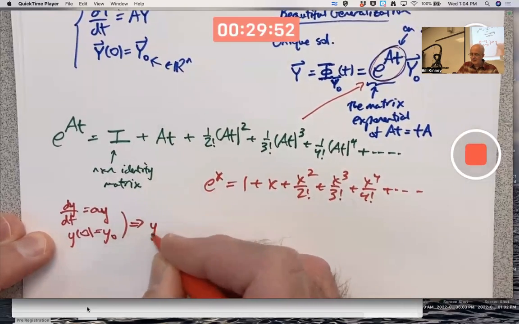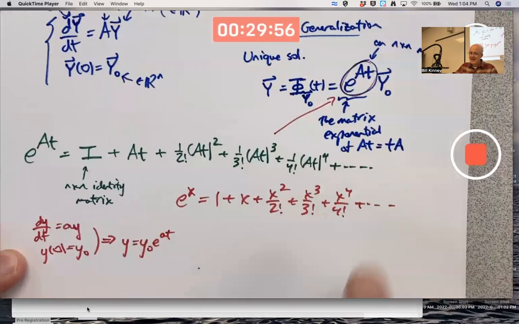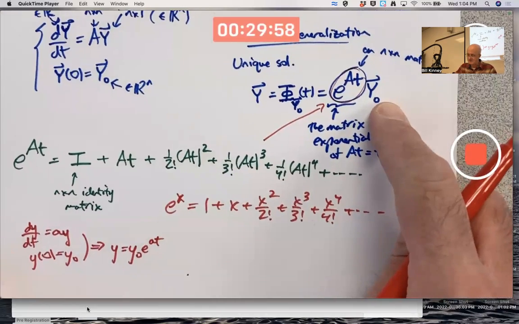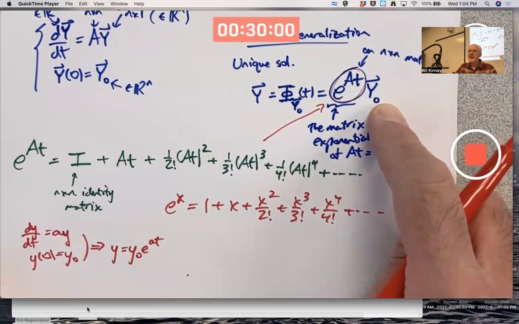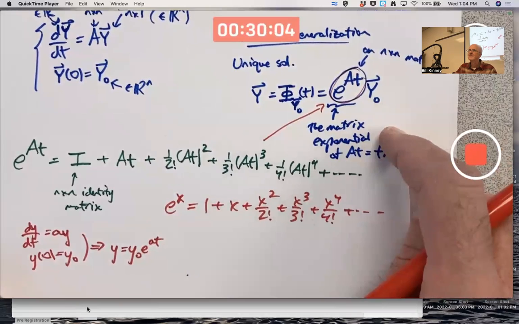The solution is y equals y naught e to the at. This is the exact same kind of thing, except with vectors. And if y naught is a column vector, you have to put it on the right, not on the left. It's a generalization of this fact, and it's beautiful that it works. So I call it the beautiful generalization.